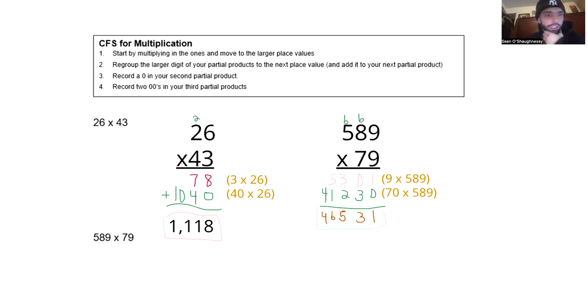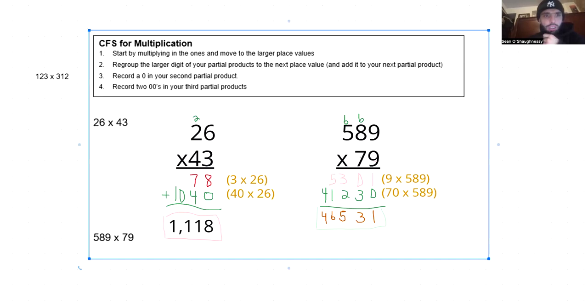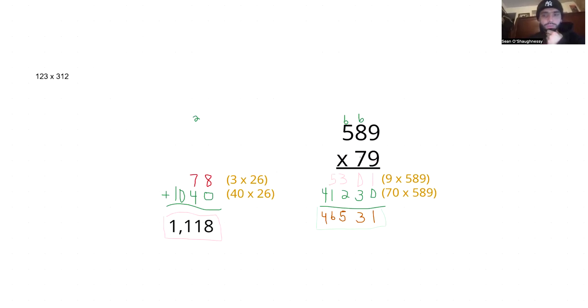We're going to look at another question really quick. We're going to look at this one right here. 123 times 321, which is different because it has three different partial products.